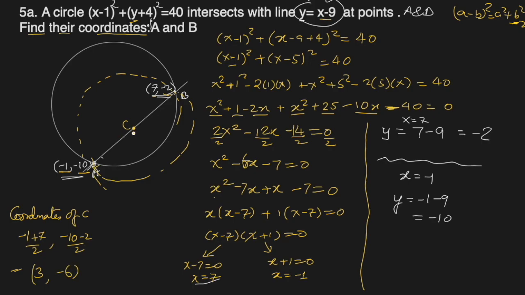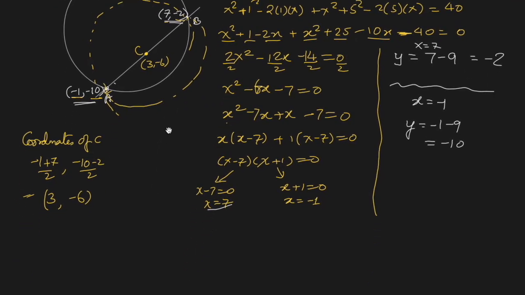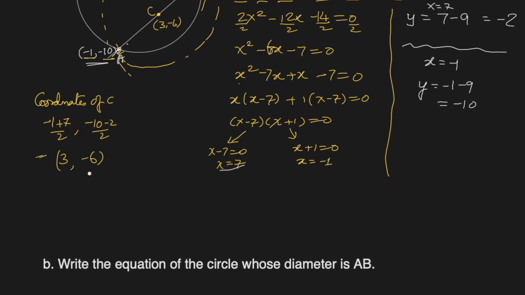These are the coordinates of C. And whenever we need to write the equation of a circle whose center is known to us, the equation will be like this: x minus the x coordinate square plus y minus y coordinate square equal to radius square.